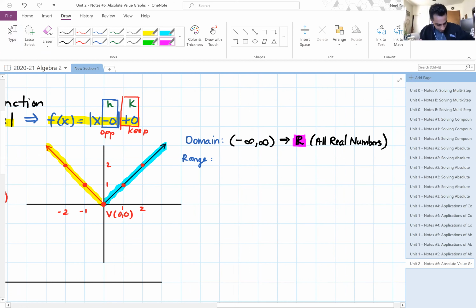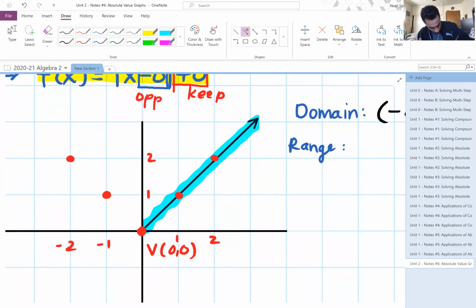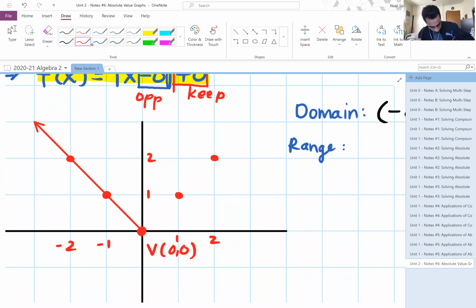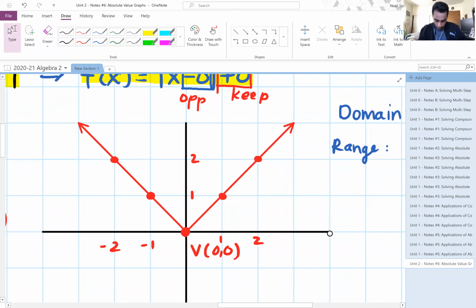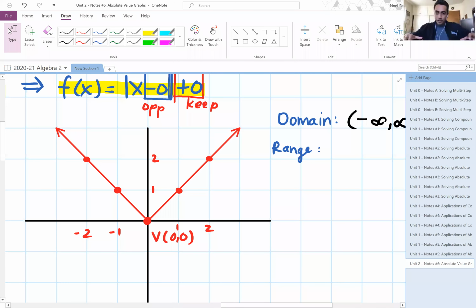There is a finite level, it does end somewhere, because take a look at our V shape. Let me erase the highlighted parts right now. Let me redraw this. Okay, there is a finite level for range, and you want to think about it as how far down to how far up.